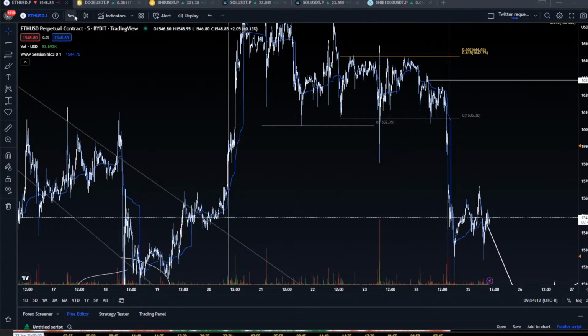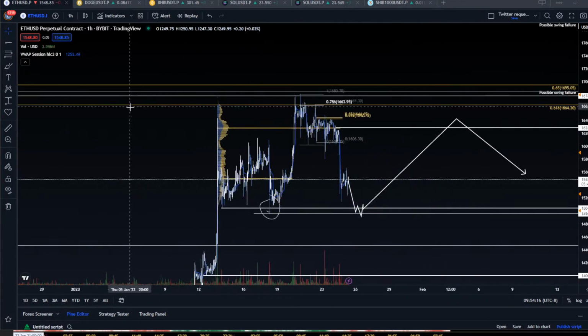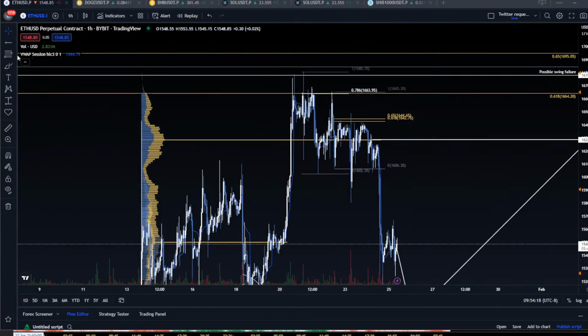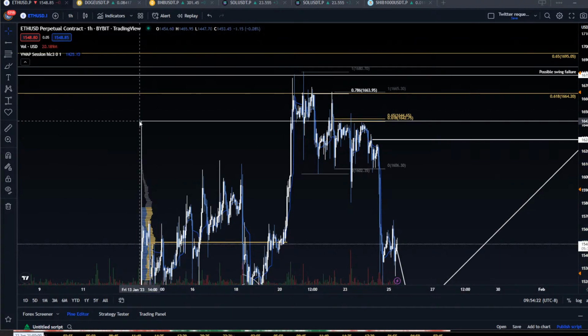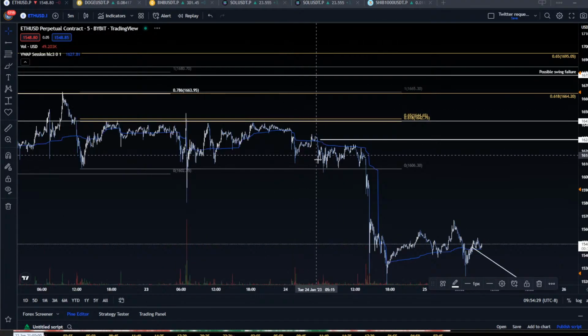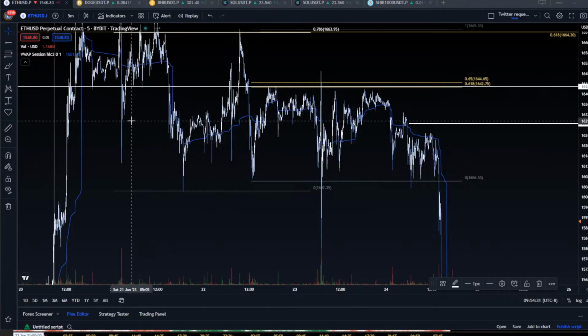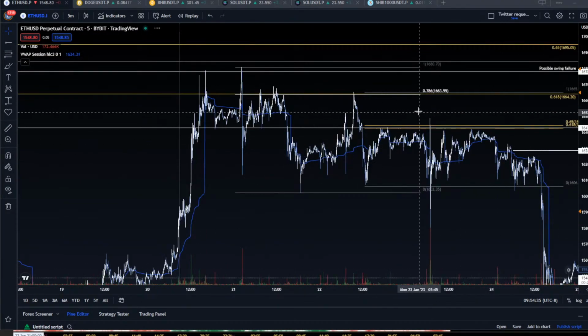There was also some confluence here. Not high time frame, sorry, but this wick, which the volume profile is kind of covering up, was also confluence for a backtest here. But the point being is, you can go to the 1 minute chart and price will be moving between fibs. It just depends on the time frame that you're looking to enter and trade.